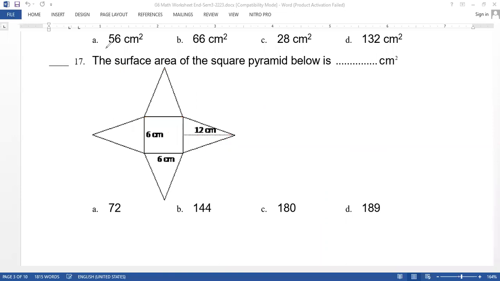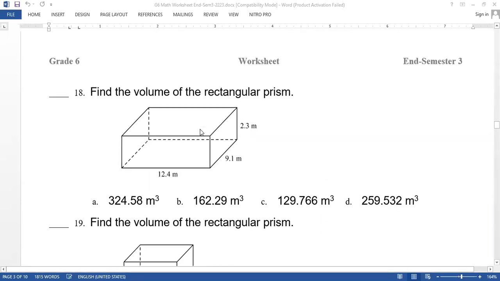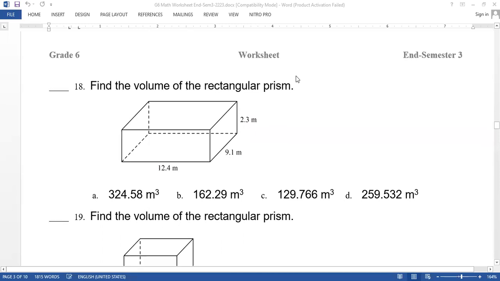Now in the next question, find the volume of the rectangular prism. Now if you can notice with me, all the sides are what? Decimals. How do you multiply decimals? You have to multiply as you are multiplying whole numbers, and then you bring the decimal point.